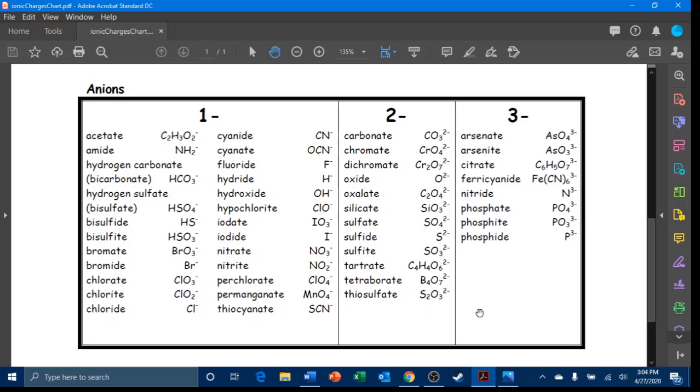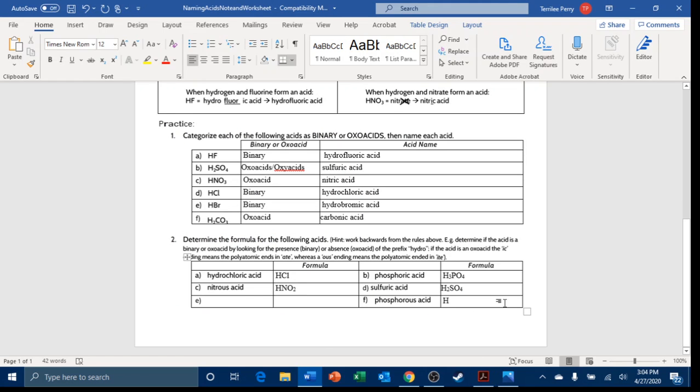So that's going to be PO3, but you have a -3 charge, so it's going to be a 3 over here, like that.